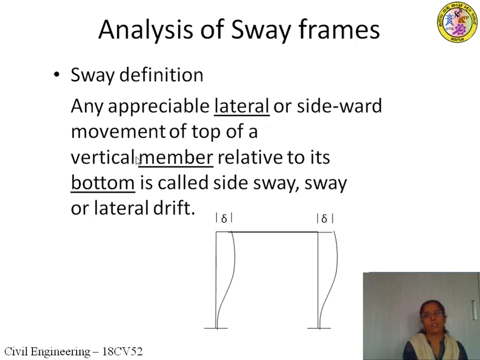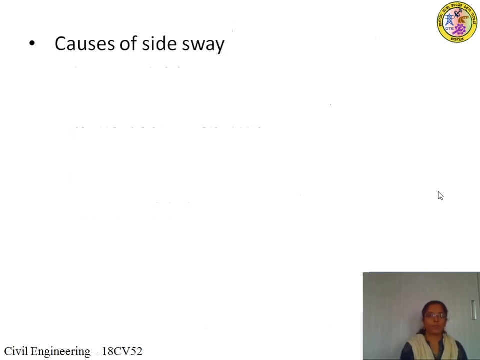So the sway or lateral displacement is referred to as delta here. That is the definition for sway: the lateral or sideward movement of top of a vertical member relative to its bottom is called side sway.